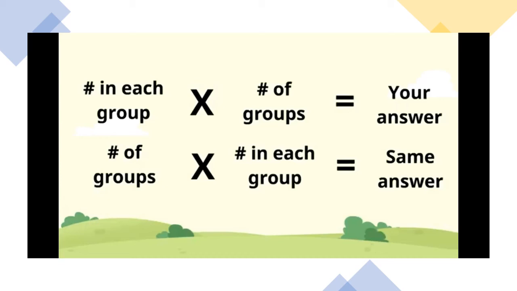Or we can say our number of groups multiplied by the number in each group will give us the same answer. For example, 1 multiplied by 5 will give me 5. Or I can say 5 multiplied by 1 will still give me 5. Do you guys see that? Our answer is still the same.